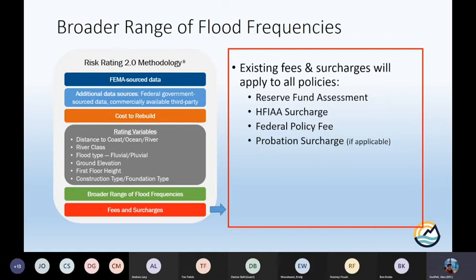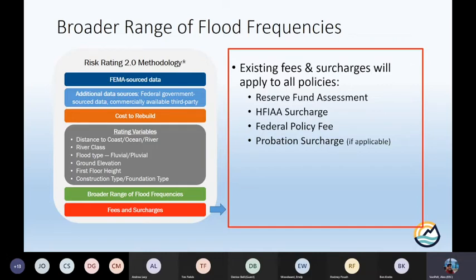If your community gets put on probation, that surcharge is going to stay in place. So the fees are really not changing from the legacy method to Risk Rating 2.0. But that is going to be, again, another factor in your individual building's flood risk.